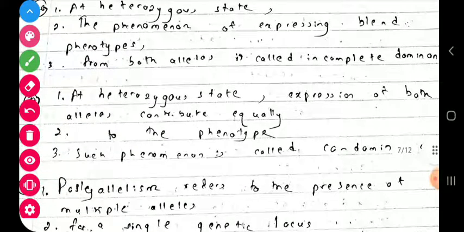The next definition. What is codominance? Very important definition, codominance.